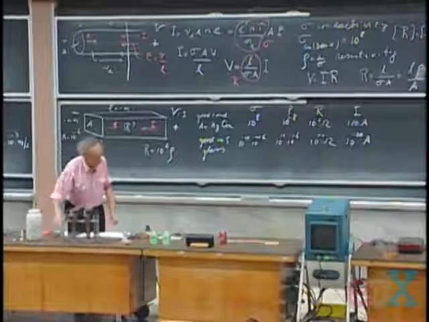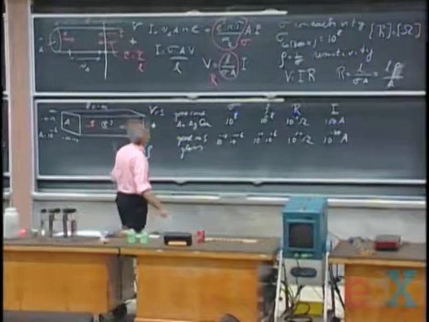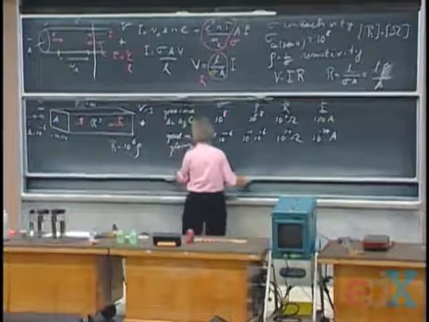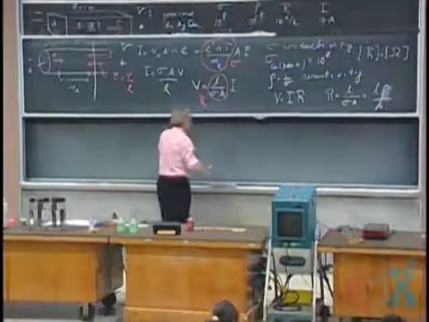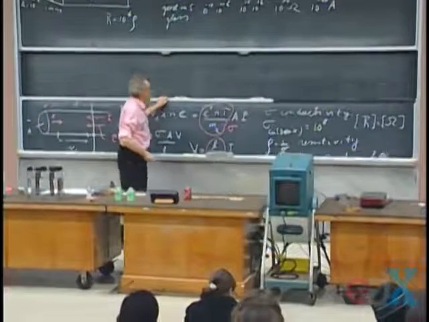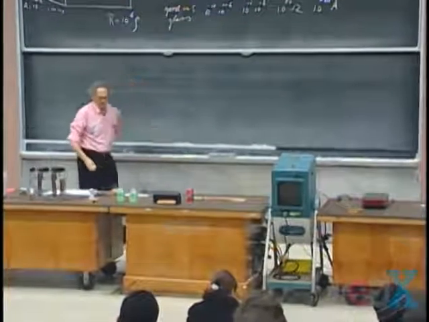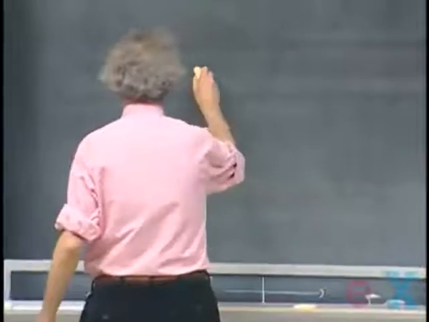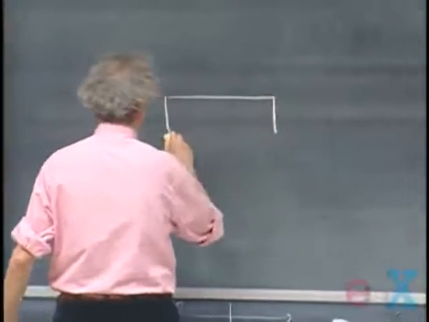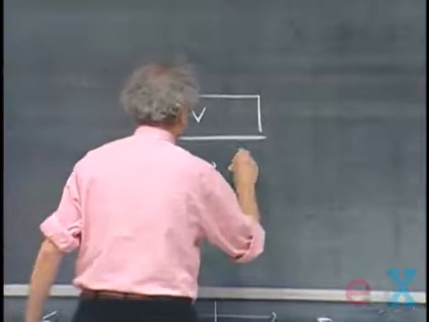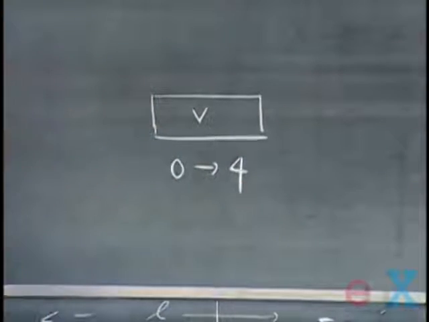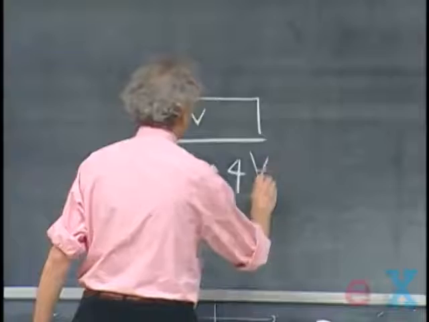I first want to demonstrate to you that Ohm's law sometimes holds. And I do a demonstration whereby I have a voltage supply. I put a V in here, and we change the voltage in a matter of a few seconds from 0 to 4 volts.